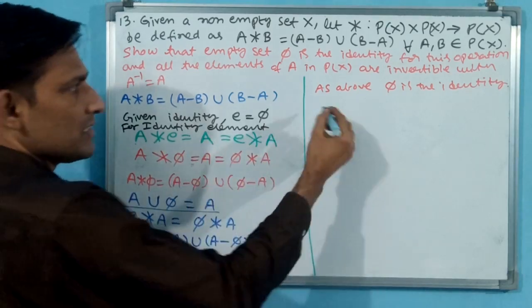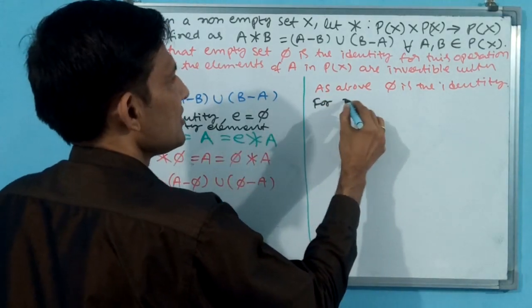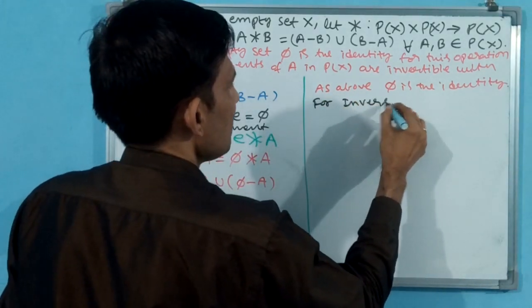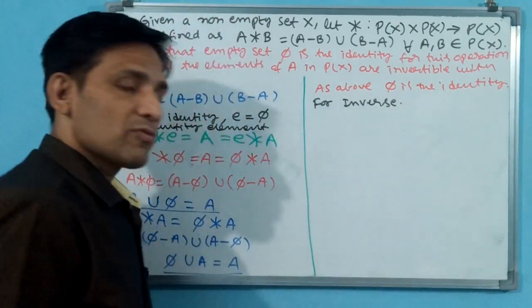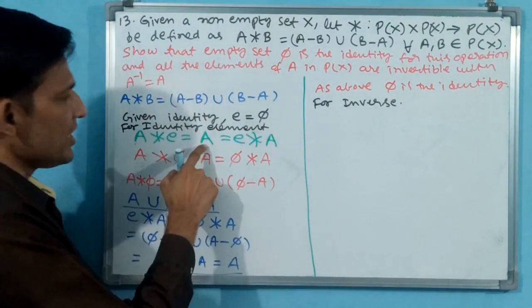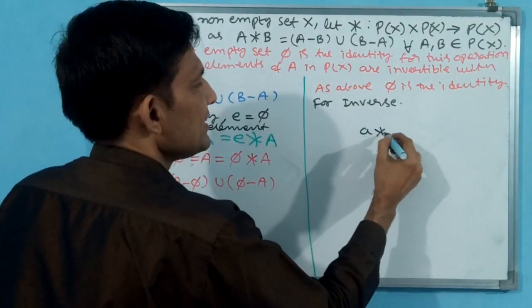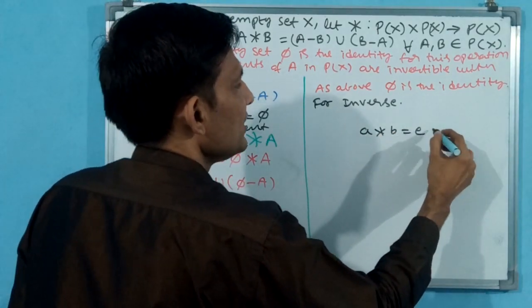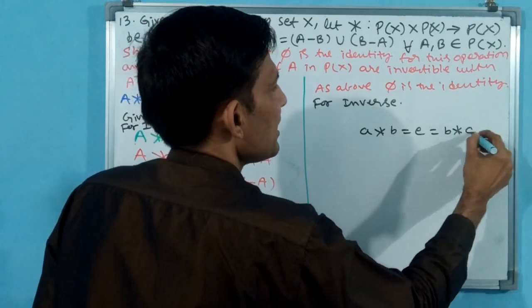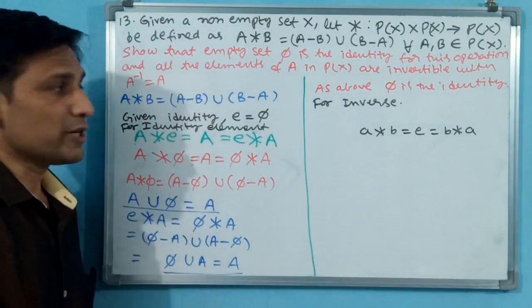Here also for inverse. For inverse what we know normally: A star B is equal to E, that is equal to B star A. First this was the statement for inverse.